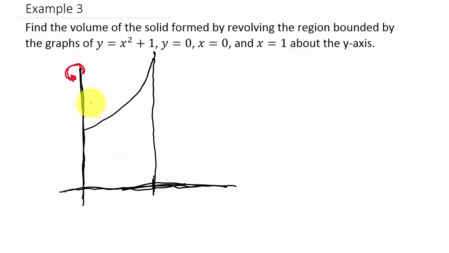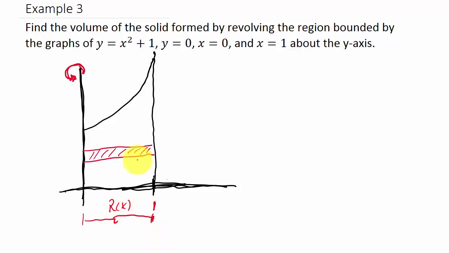Okay, so we're going around the y-axis, so we know our rectangles, we draw them perpendicular to the axis that we're revolving them around. Okay, now if you notice here, the big R, the outer radius, that's easy. That's this point 1. This is the distance from here to here.